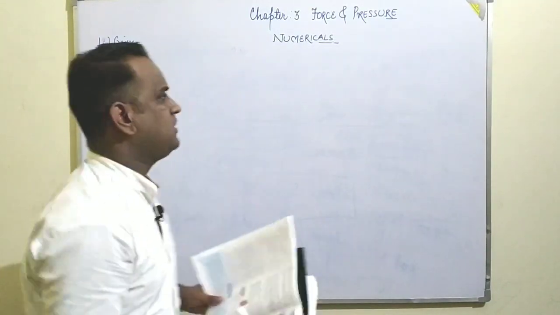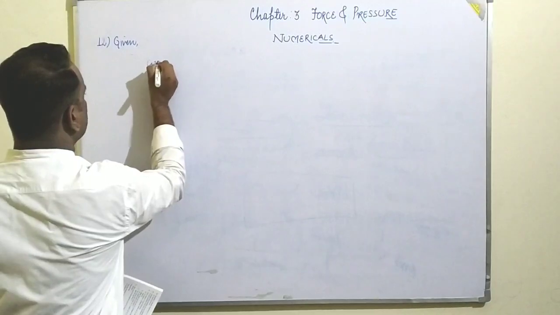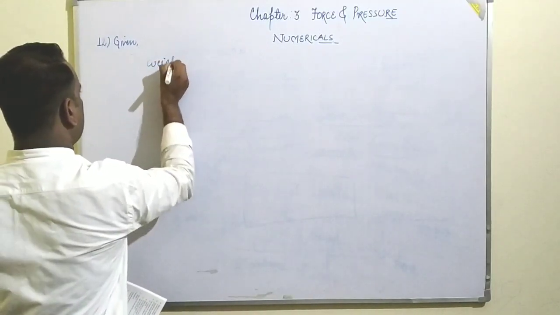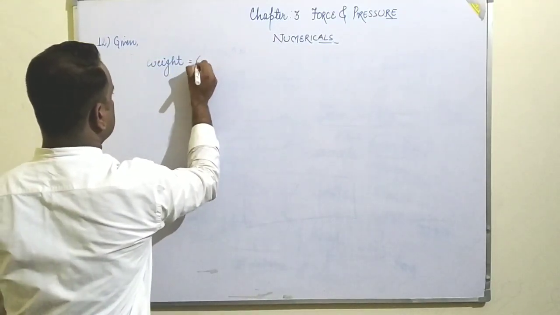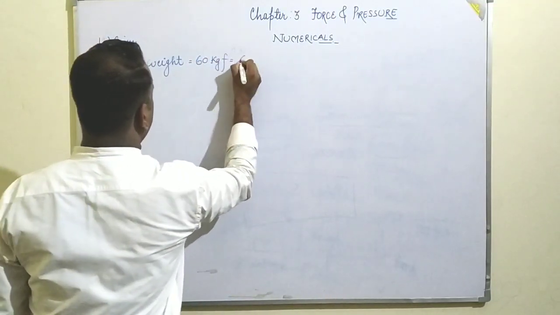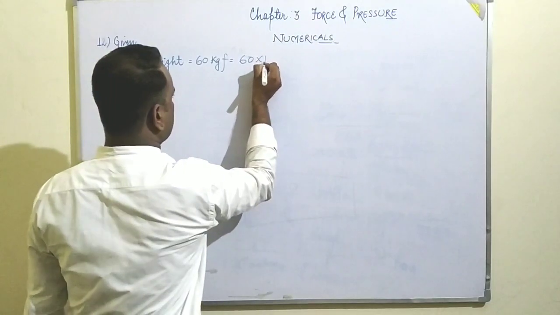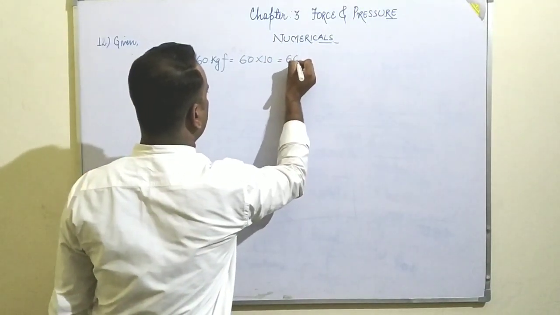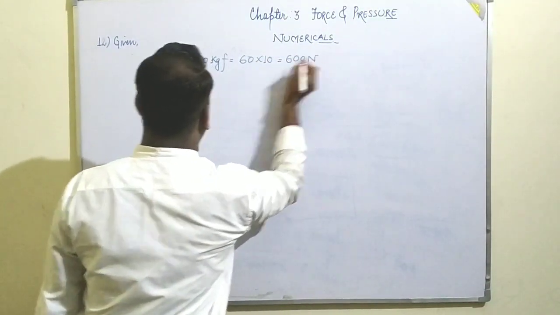Here the weight is given in kilogram force. So 60 kgf can be converted into Newton by multiplying by 10. So it will be 600 Newton as the force.